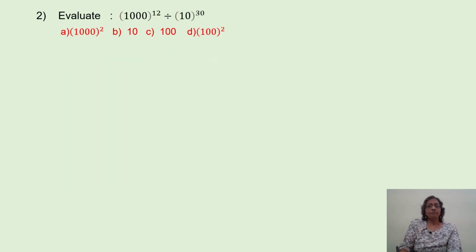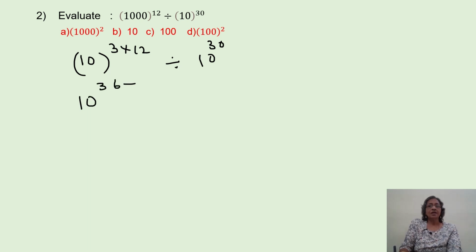The second sum. I can write this as 10 raised to 3 and the whole thing is again raised to 12, divided by 10 raised to 3. So this will become 10 raised to 36. Now the division law that we are going to use is a raised to m upon a raised to n is nothing but a raised to m minus n.